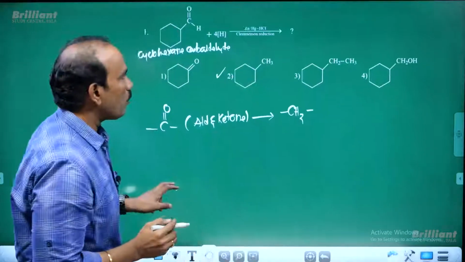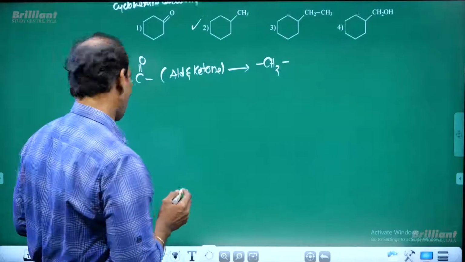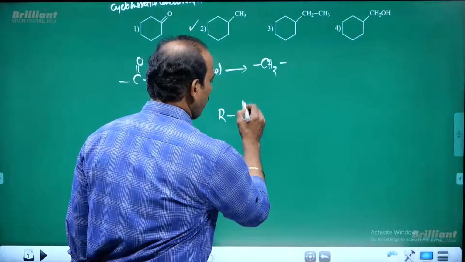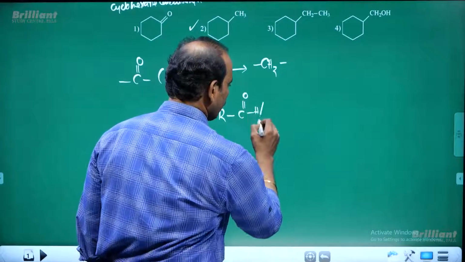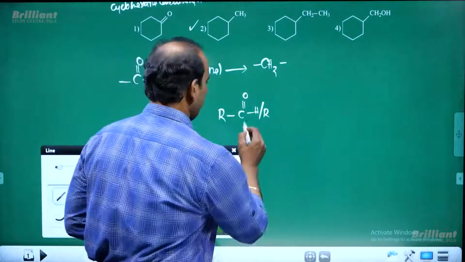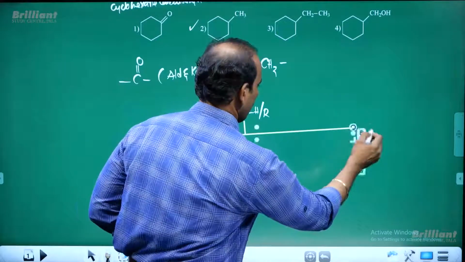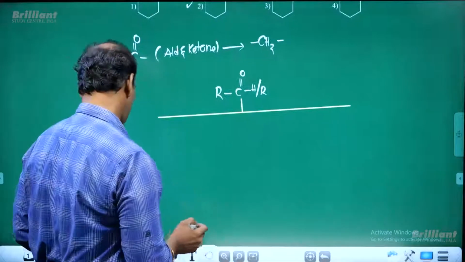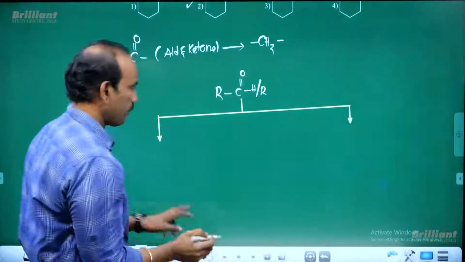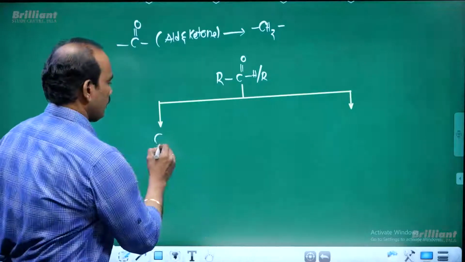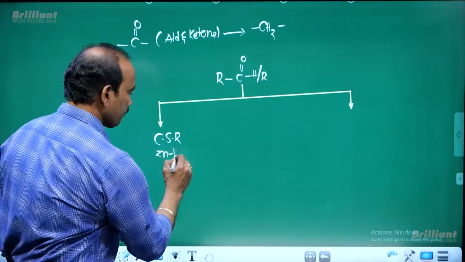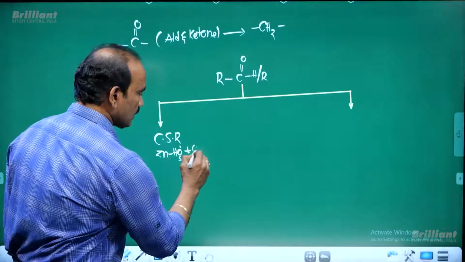Now here, what are the limitations? R C double bond O, this is an aldehyde or ketone. Then we go to the Clemmensen reduction, zinc amalgam and concentrated HCl.